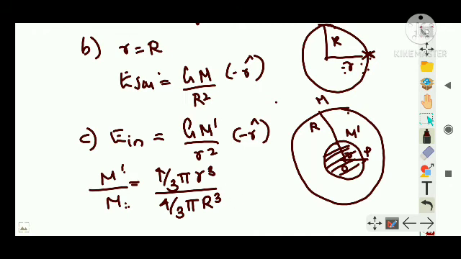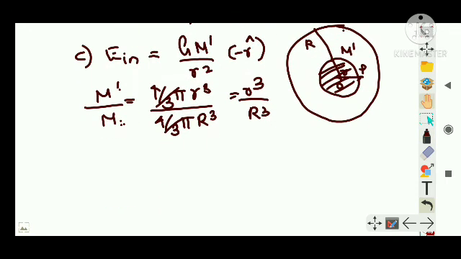Density is same, so rho cancels, this 4 by 3 pi cancels, so it becomes r cube divided by capital R cube, right? So I can write the mass of the inner sphere is equal to the total sphere's mass into r cube divided by capital R cube.